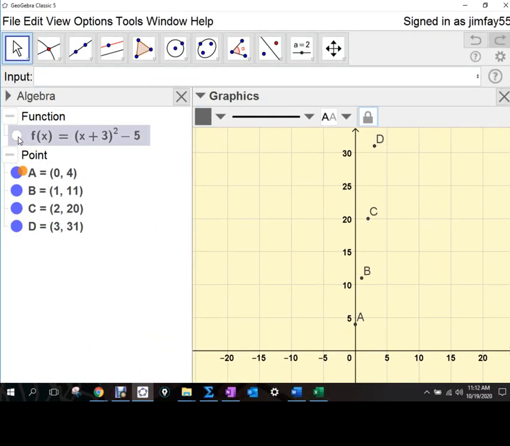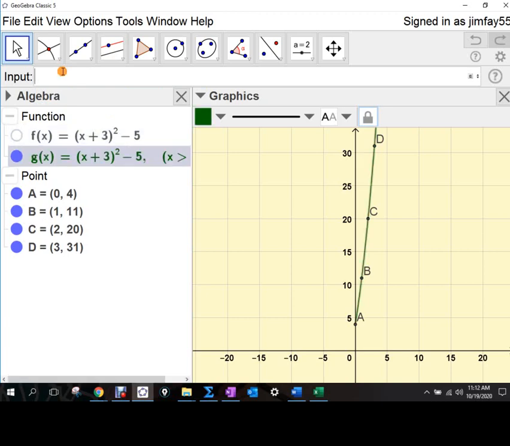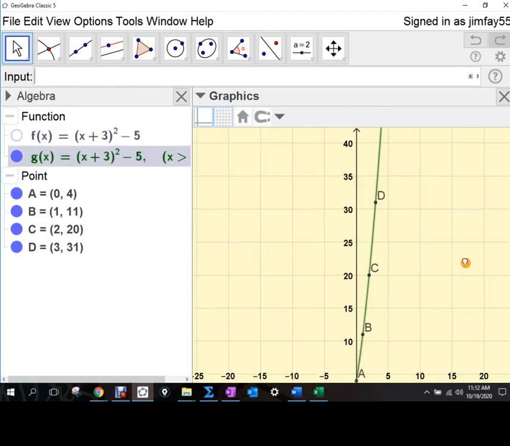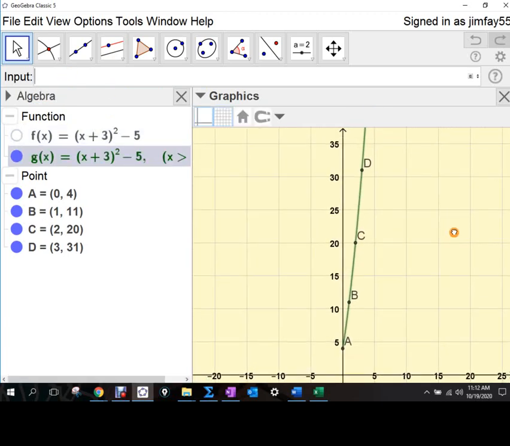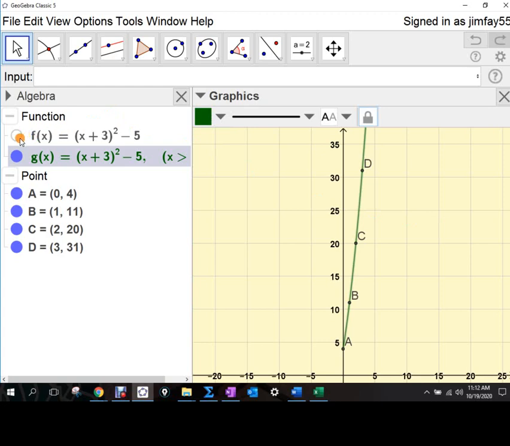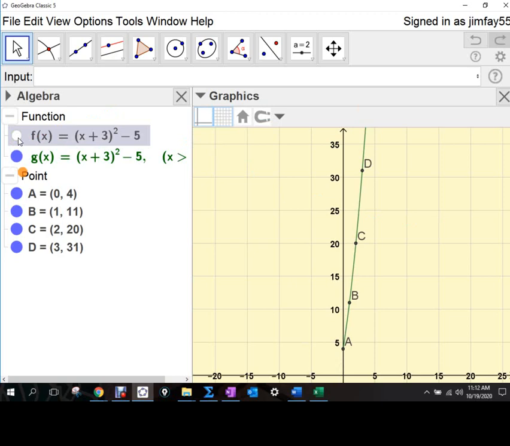Those are the only 4 points I would have. Well, if I connected those, would those 4 points give me that graph? Or if I connected those 4, would I only get that? Does that make sense? Now it's part of it, but is it that complete graph? No, it's not, right?